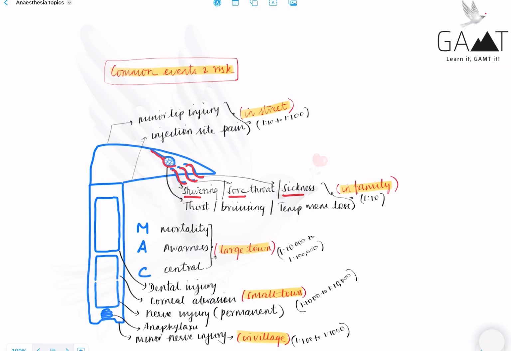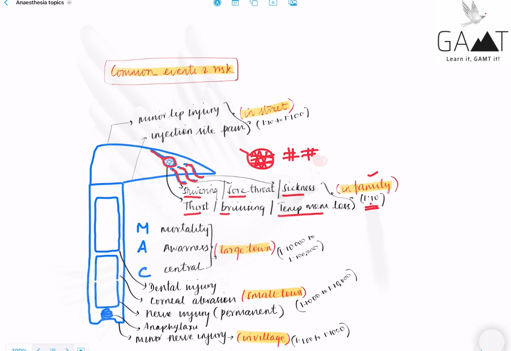The bulb itself resembles letter B for bruising. Inside the bulb, you can see a bit of lines there, right? So that is 2 T's. The first T is for thirst, the second T is for temporary memory loss. All these side effects contained within the bulb and the light happen very commonly.